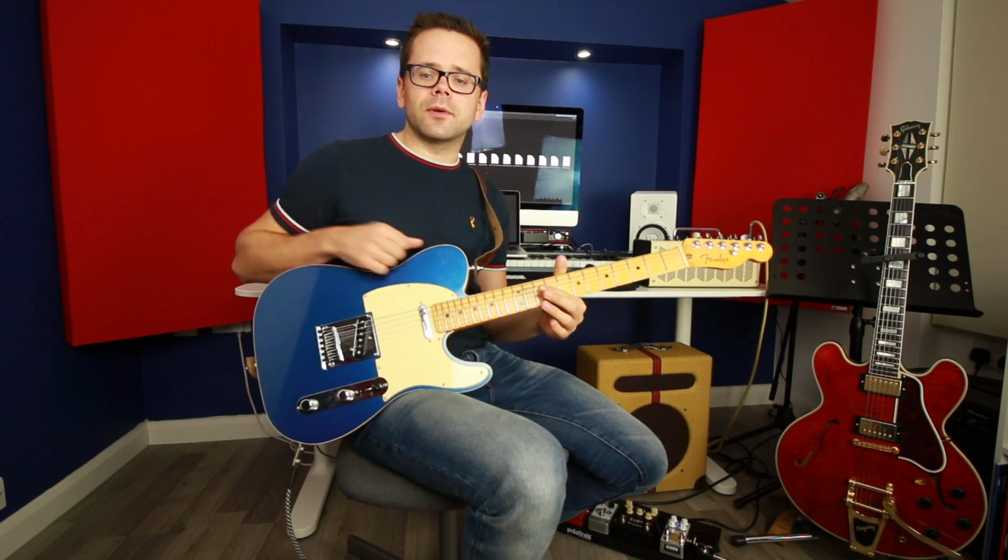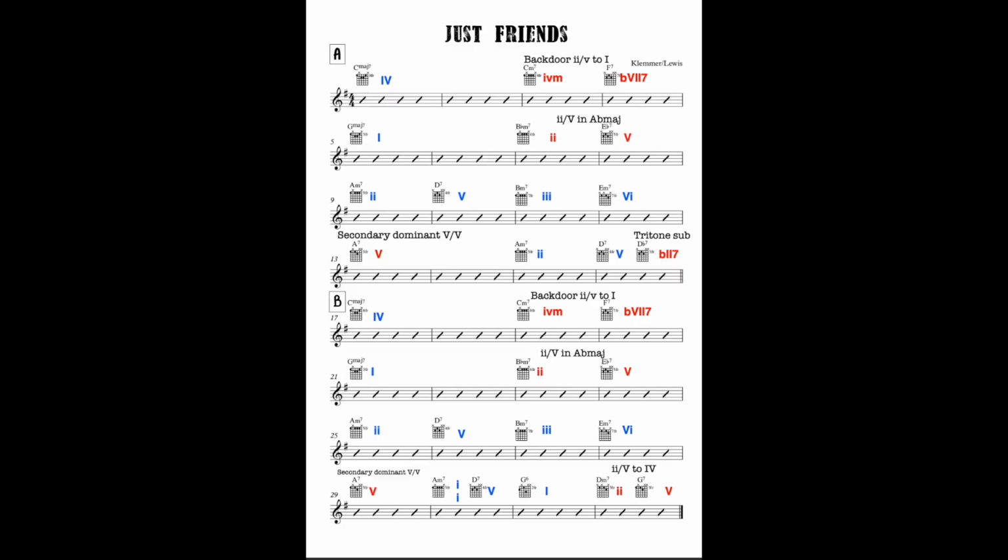So if we go through, I've made all of the in-key chords blue, and you'll notice that we've got G major 7, A minor 7, B minor 7, C major 7, D minor 7 and E minor 7. So we've got a lot of in-key chords, and they've been analysed with the correct Roman numerals on there. The red ones, they're out of key, so they don't belong to the key of G, and there's a fair few of them, but we can still make sense of them.